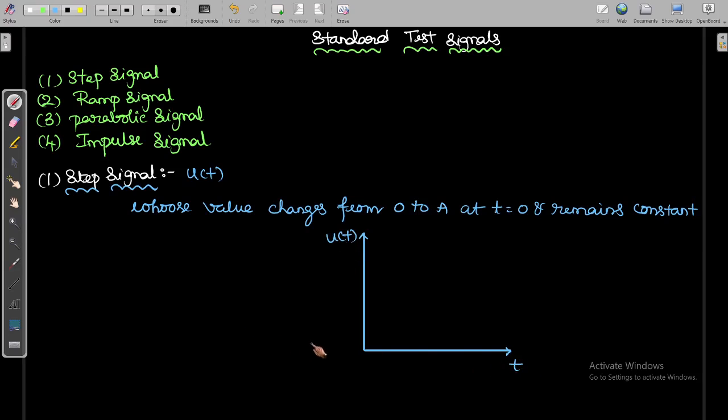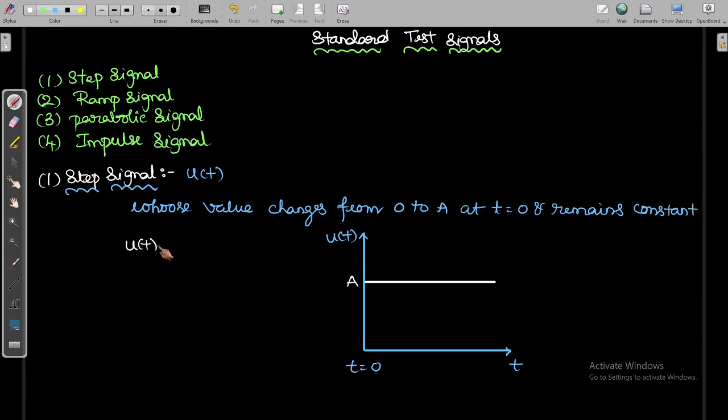So how is it going to vary? At t equals 0, it has a constant value. We can say the magnitude of that will be A. Simply the value will be A here. So this type of signal will be called the step signal.